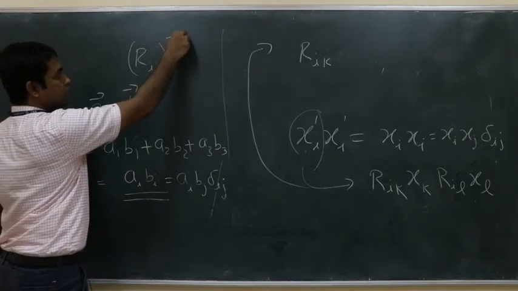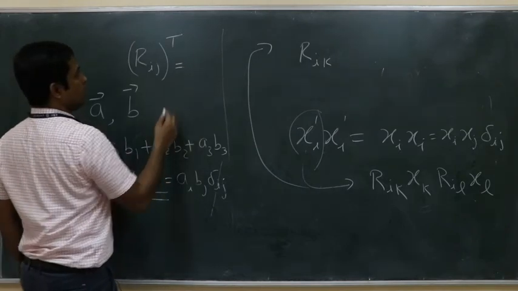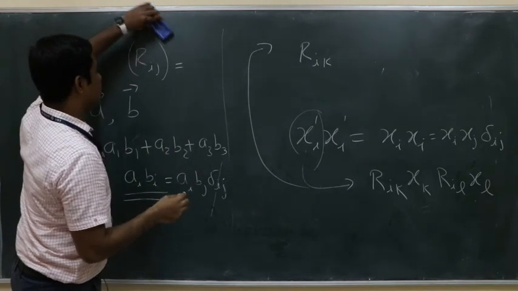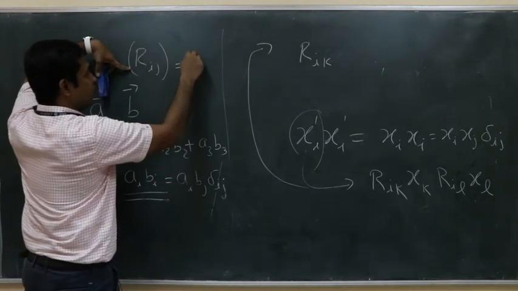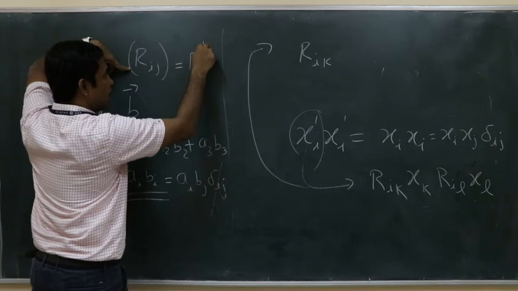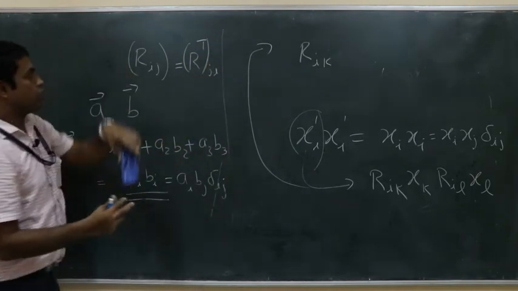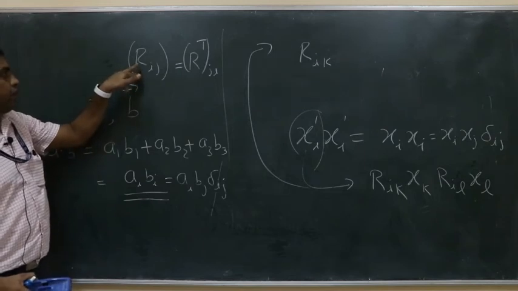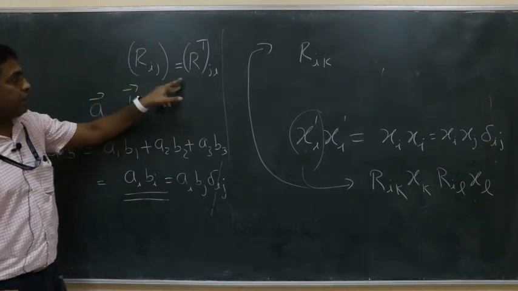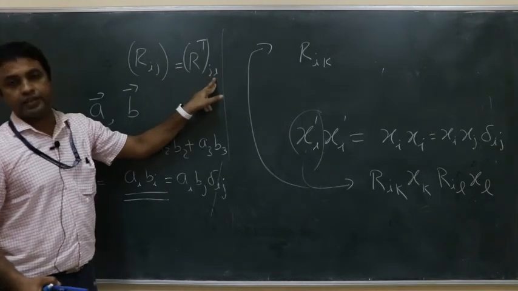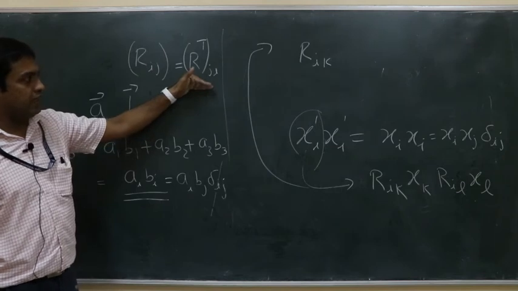So what is the transpose of this equal to? Rji. I cannot write this as a transpose, it's actually the component. So basically, this is the same as R transpose ji. So a matrix's ijth element, or a second rank tensor's ijth element, will be the same as the transposed matrix's jith element.